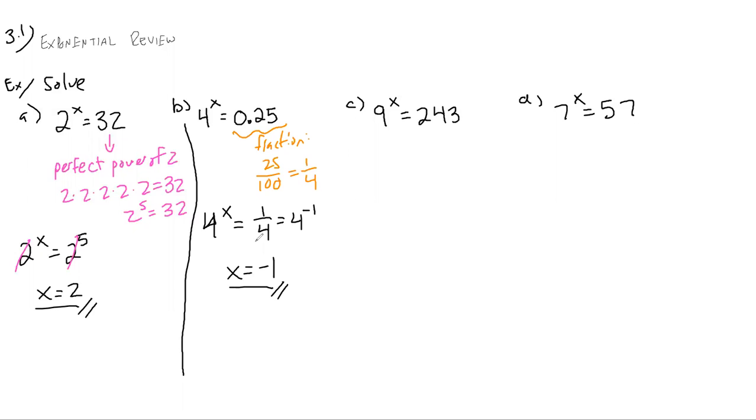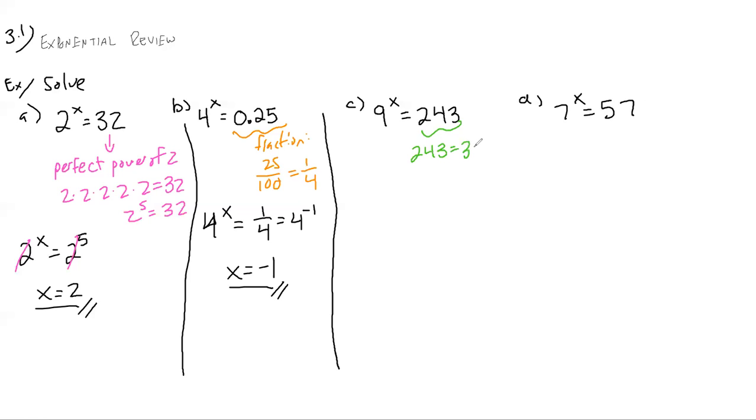Now the third one is a little bit trickier, but still doable. 243 is not a perfect power of 9, and it's obviously not going to be a negative power of 9 because it's not a fraction. However, it is a perfect power of 3.